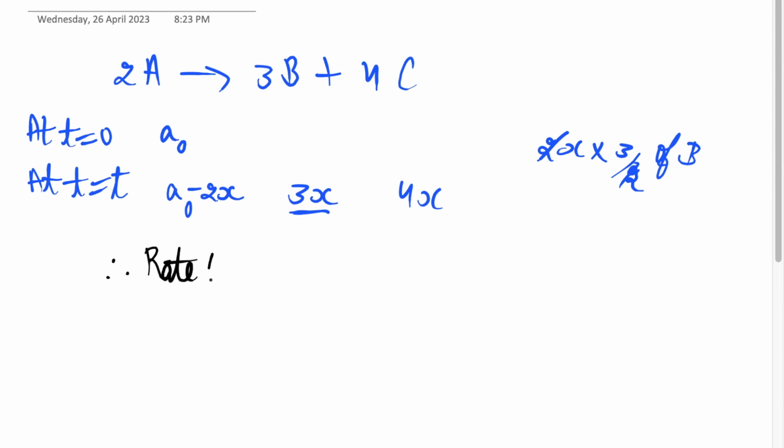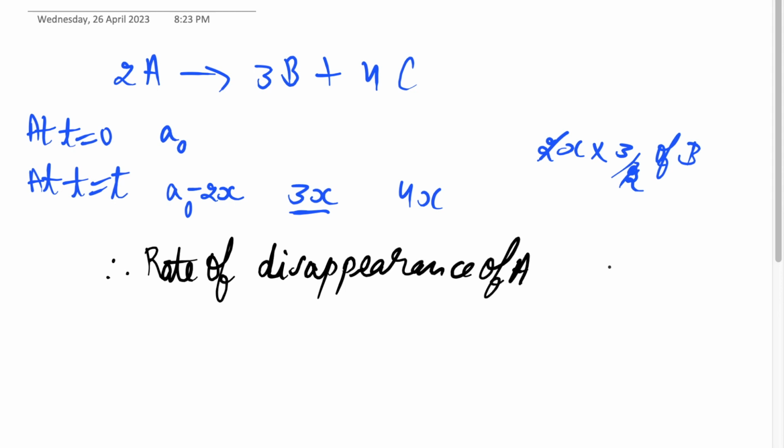Therefore, the rate of disappearance of A, RA, is given by minus dA by dt. The minus sign is because the concentration of the reactant A is decreasing over time.